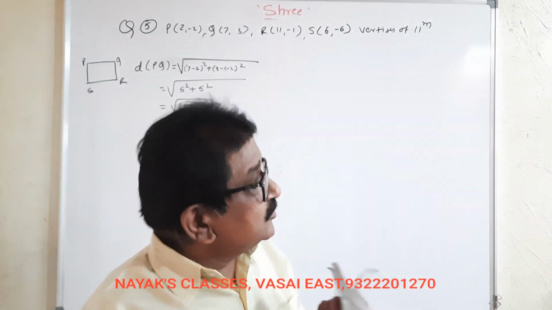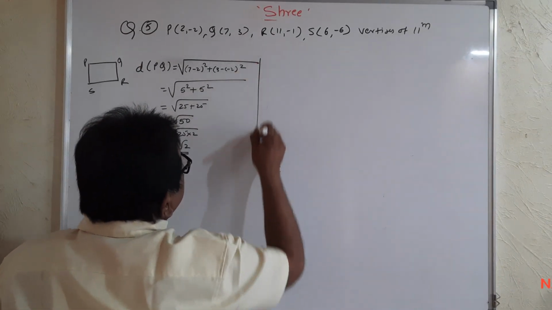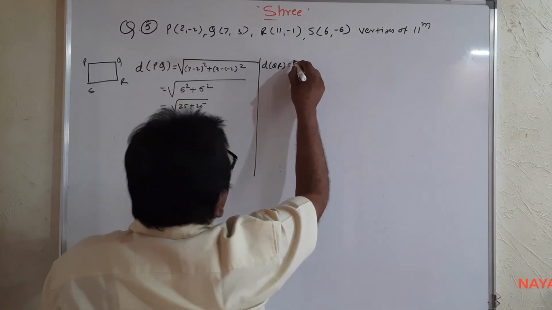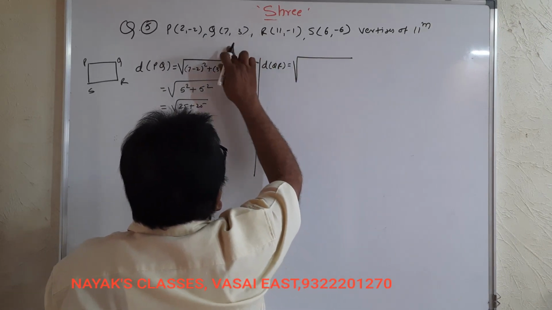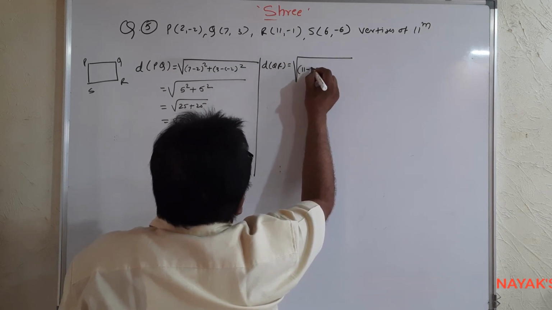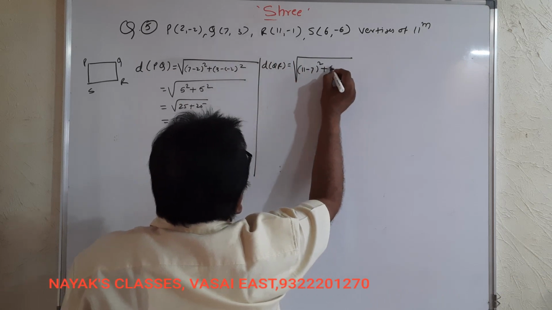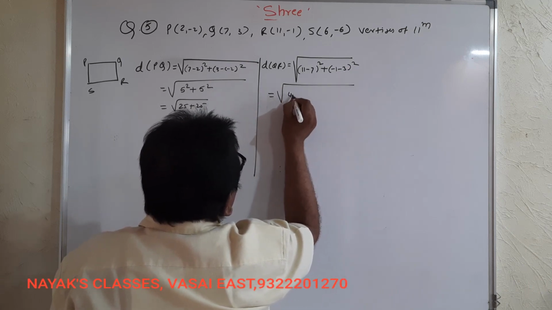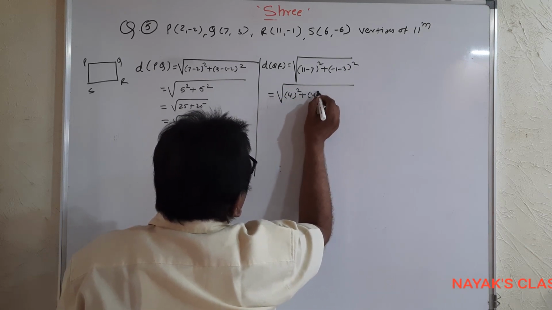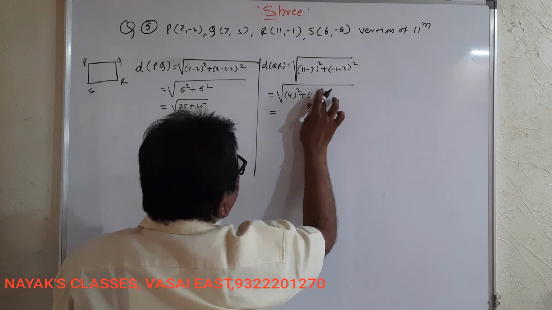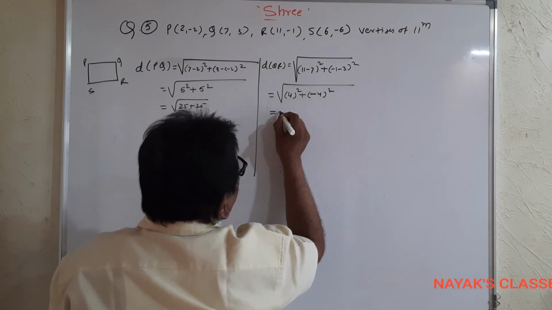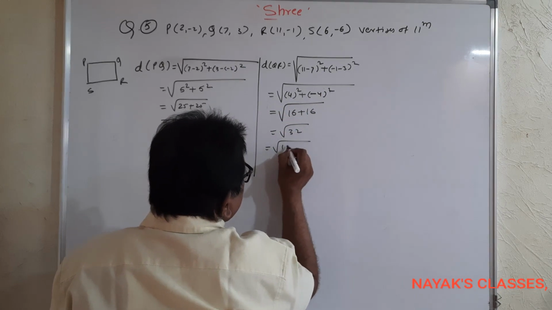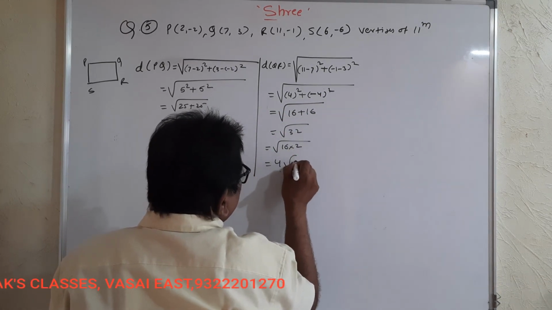Okay. Now distance QR. Under root, 11 minus 7 the whole square plus minus 1 minus 3 the whole square, which is 4 the whole square plus minus 4 the whole square, which is 16 plus 16, which is under root 32, which is 16 into 2, so it is 4 root 2.